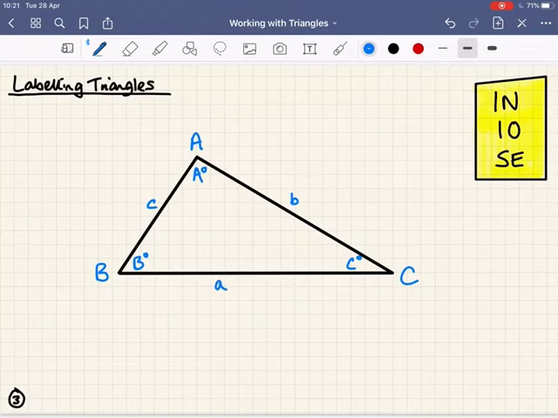So for a vertex, the angle is a capital letter A, and the opposite side to that is labelled in lowercase. Of course, I didn't have to label that as the top one as A. I could have used any of the three as A, but then the opposite side to it would have had to be a. So make sure you always label your triangle, because then it's very clear which side is which in reference to its opposite angle.